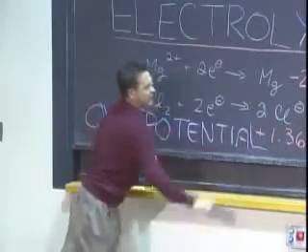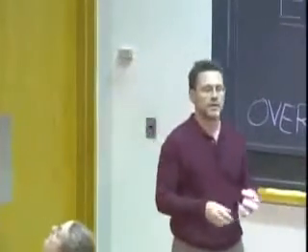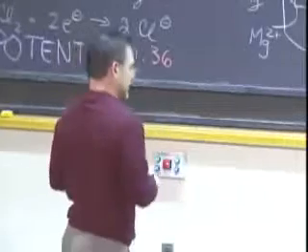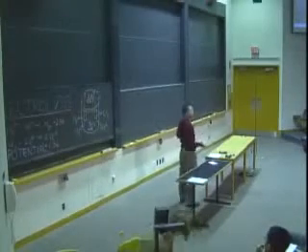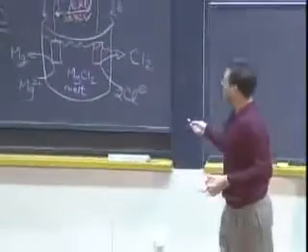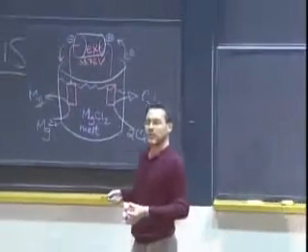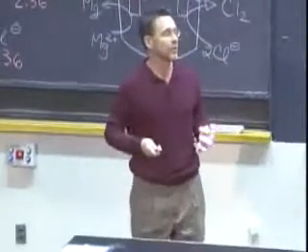You'll see an explicit definition of the word overpotential given in my notes and in your book. But what overpotential is, in fact, is a number, and it's the amount of voltage greater than this non-spontaneous cell potential that you have to apply for the reaction really to start kicking in and working.